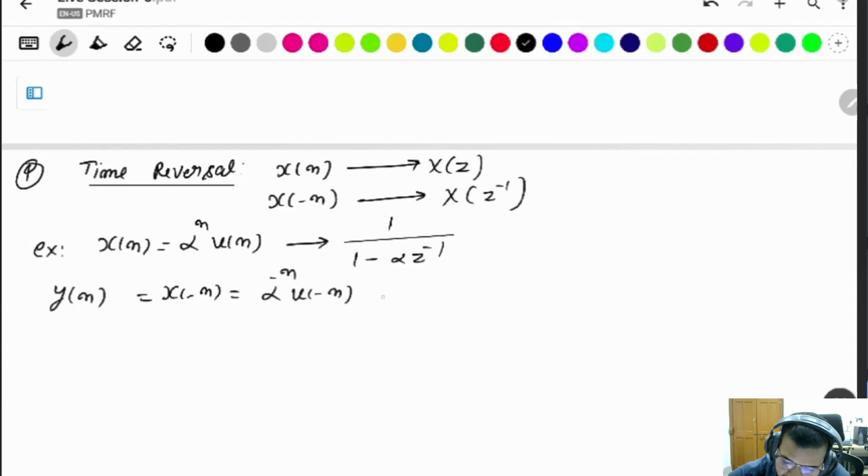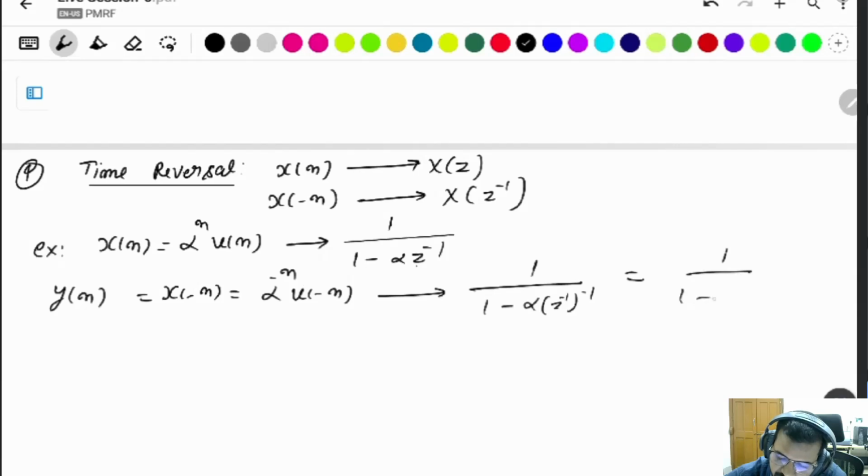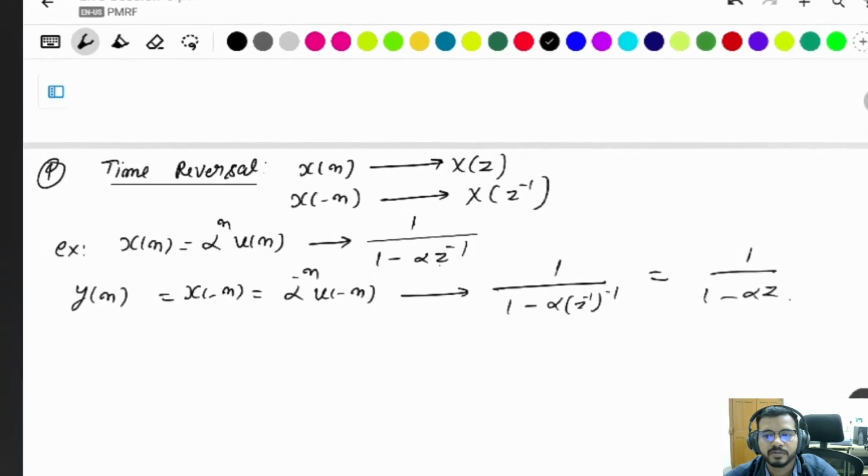You have to put, at the place of z, z inverse only in this case. So 1 divided by 1 minus alpha z inverse, with z replaced by its inverse, and this will be 1 divided by 1 minus alpha z in this case.